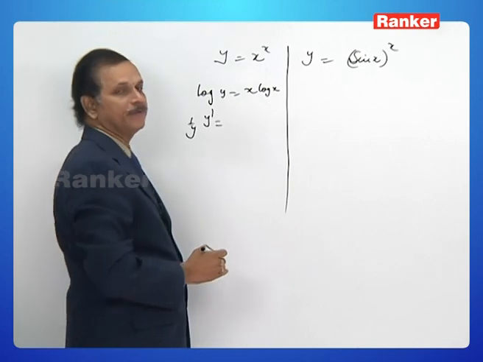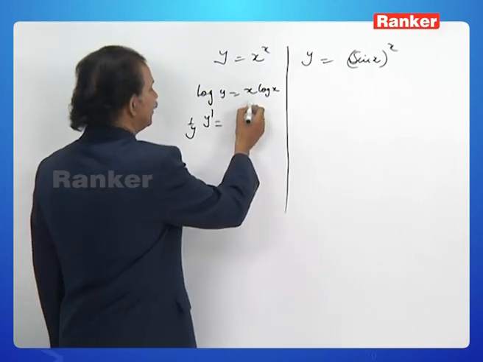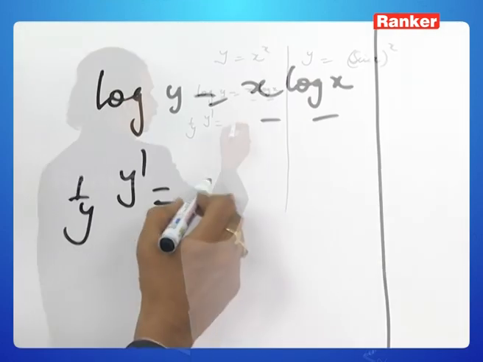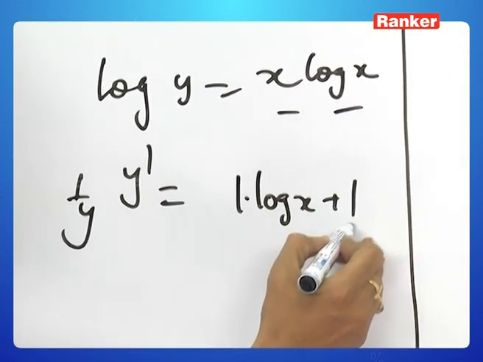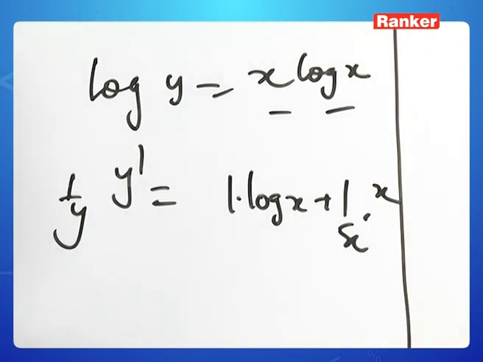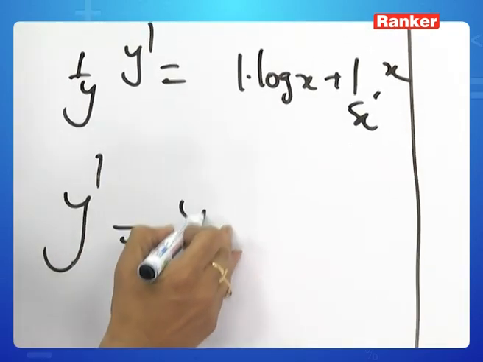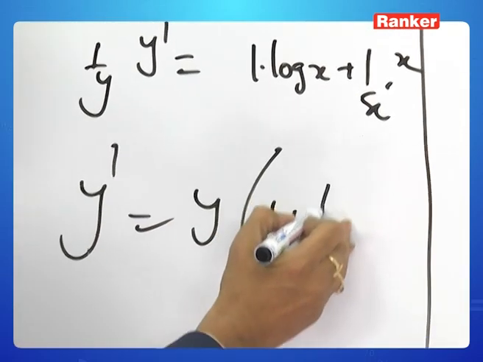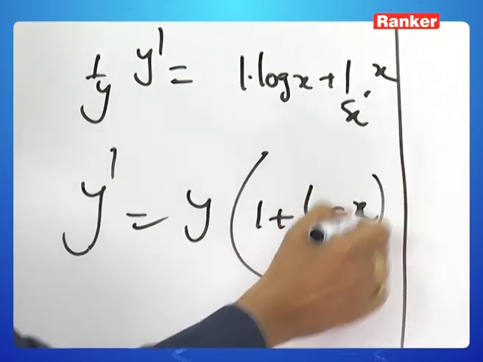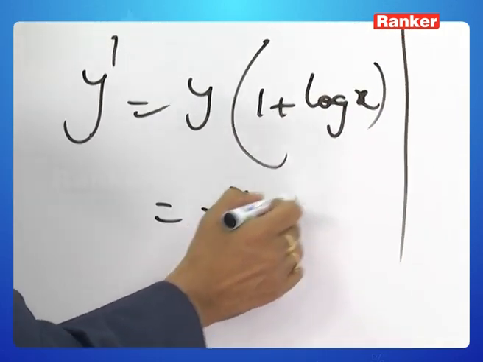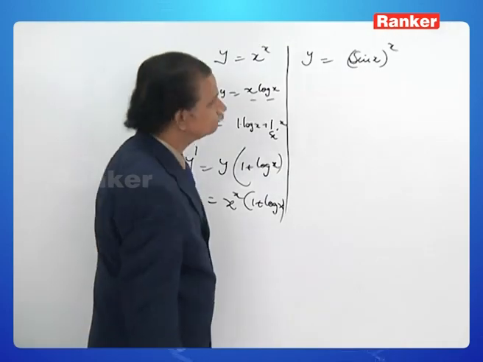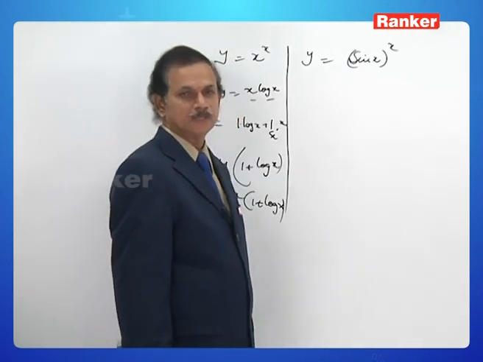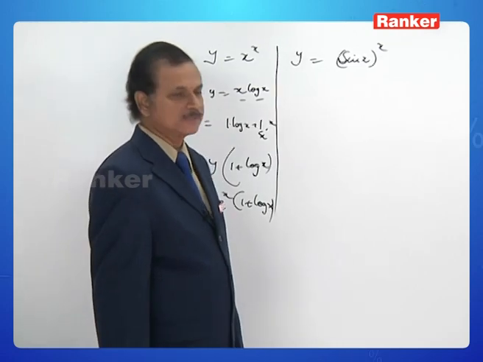Y dash, I mean dy by dx, is equal to u v, u derivative into v plus v derivative into u. So y dash is equal to y into 1 plus log x. That is x power x into 1 plus log x.